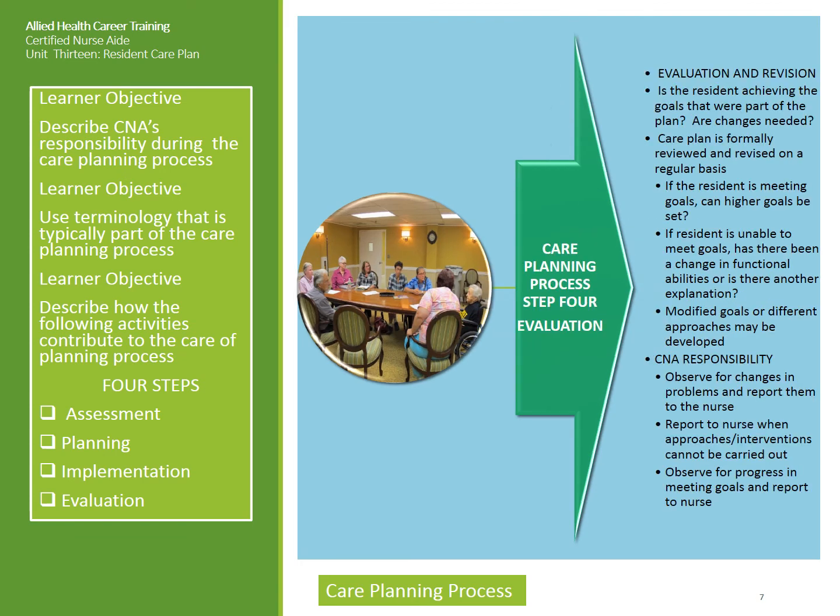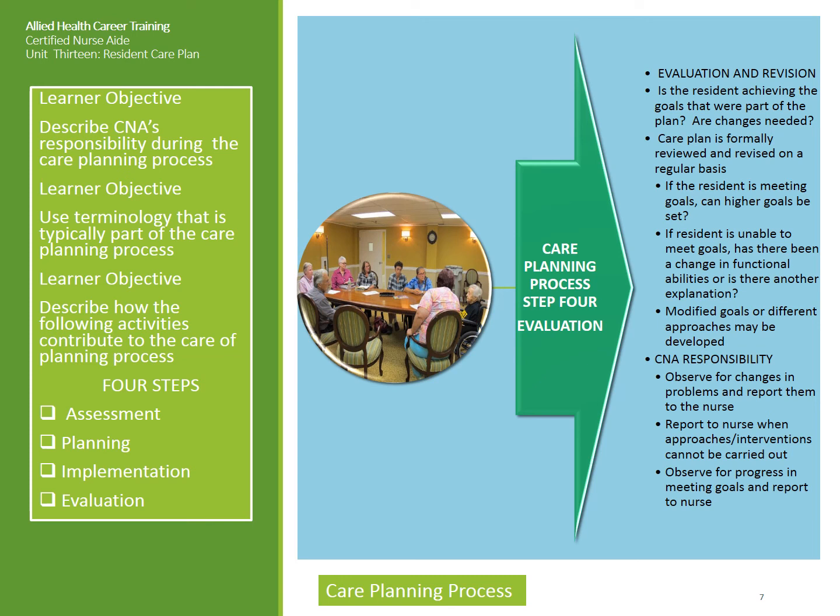The fourth process is evaluation. We always have to evaluate everything we do, and then we need to revise it if we need to. So is the resident achieving the goal that we put into play, or do we need to make some changes? The care plan is formally reviewed and revised on a regular basis.